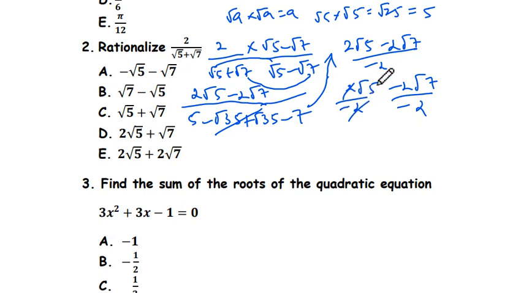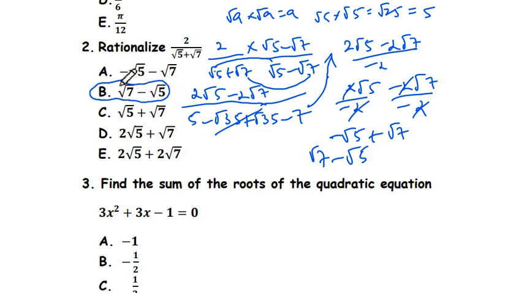We are left with minus root 5. Minus divided by minus, that's plus. 2 cancels out 2. We are left with root 7. So let's go to our options. Let's rearrange this so it becomes root 7 minus root 5. Root 7 minus root 5, that's option B.